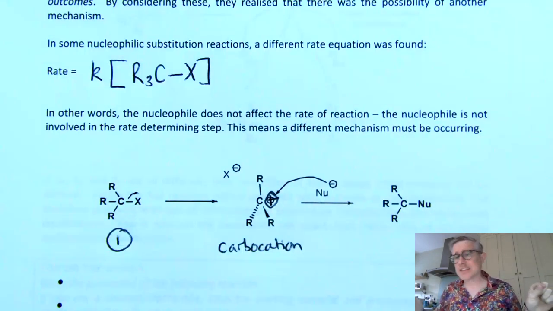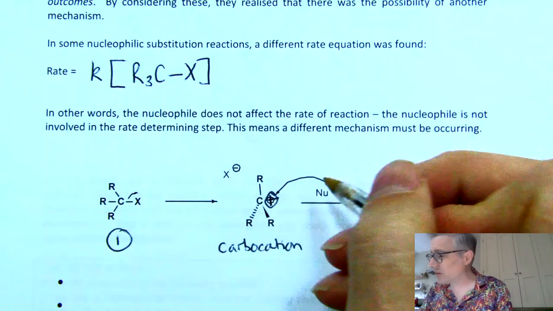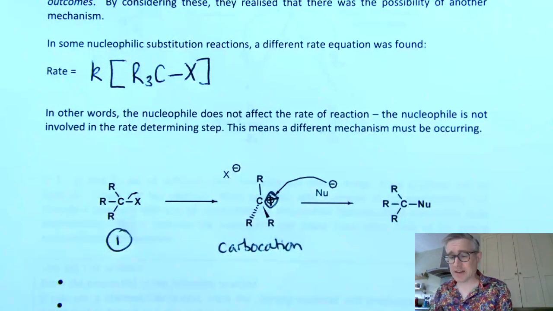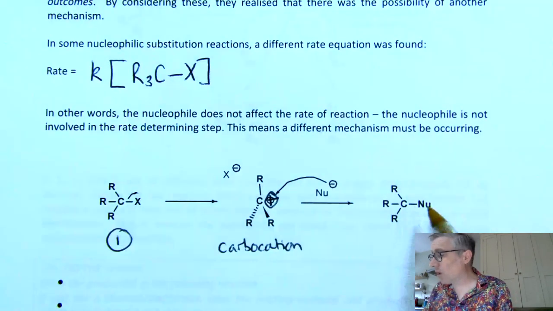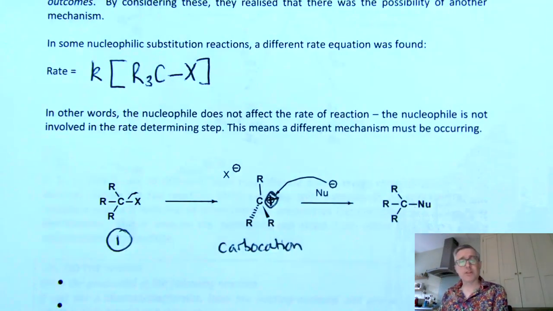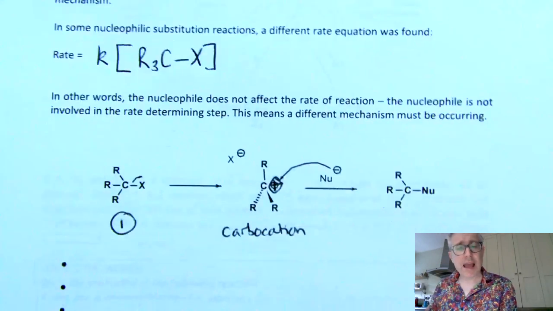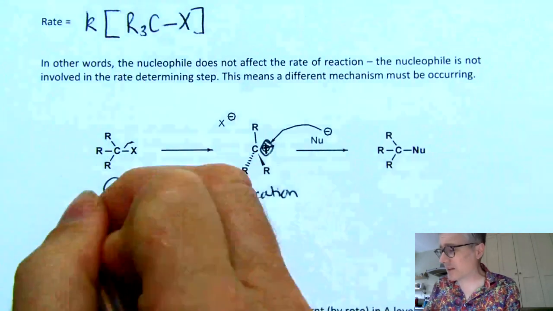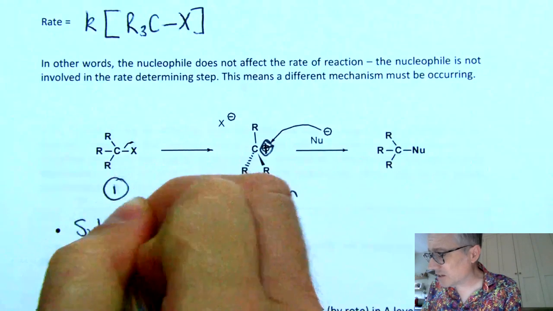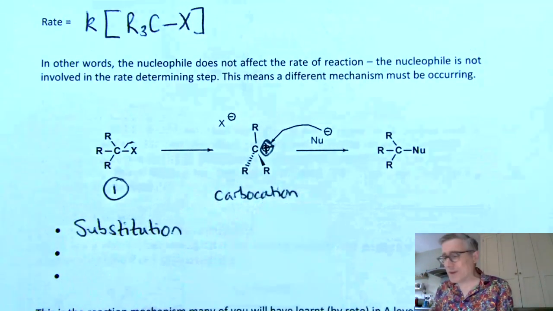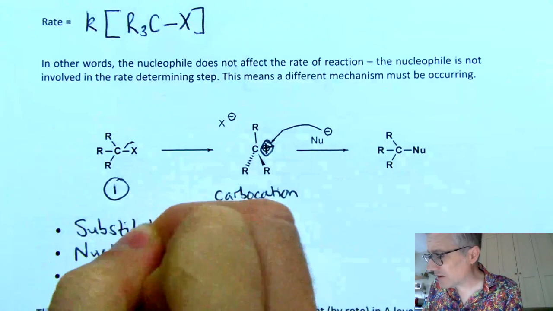And then what happens in a second step of the reaction is that the nucleophile attacks the carbocation and you form a bond between the carbon and the nucleophile. So, how would we describe this mechanism? Well, we'd say it's a substitution. We'd say it's nucleophilic.